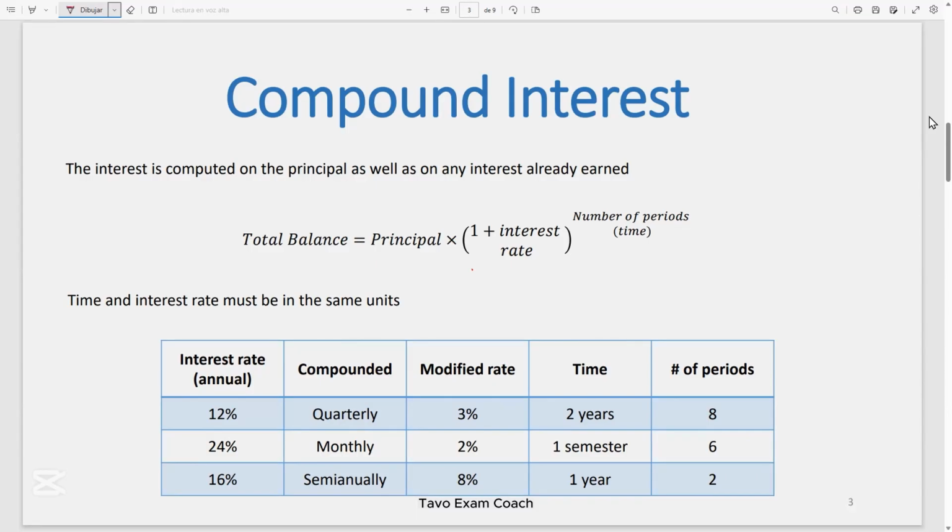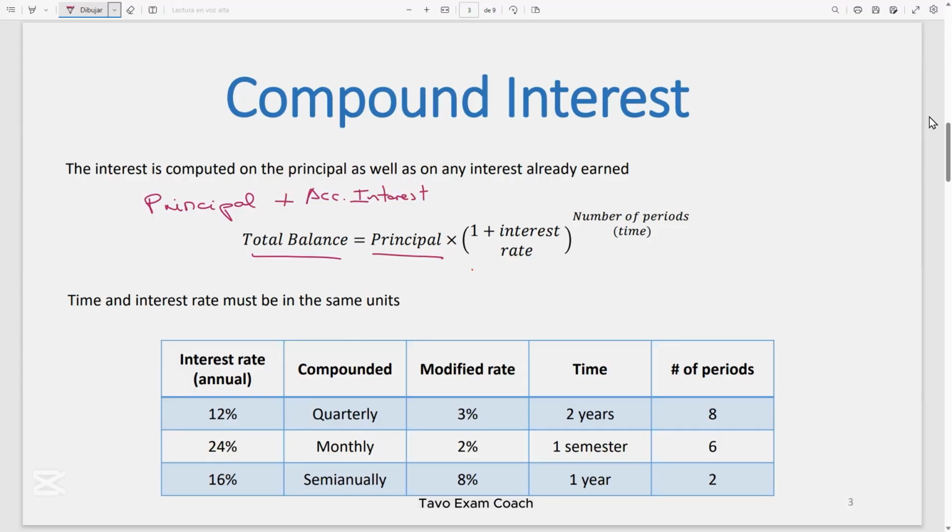Then this will be used as the basis for the calculation of the interest in the third period and so on. So to find the money that a certain investment amount yields when a compound interest rate is applied, we can use this exponential formula where the total balance, that is the total money in your investment account, is made of two parts, the original investment amount, the principal, plus the accumulated interest.